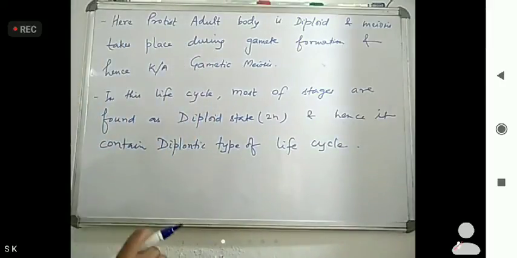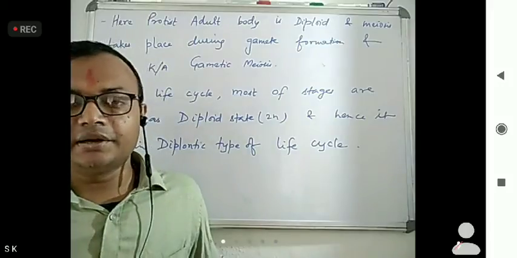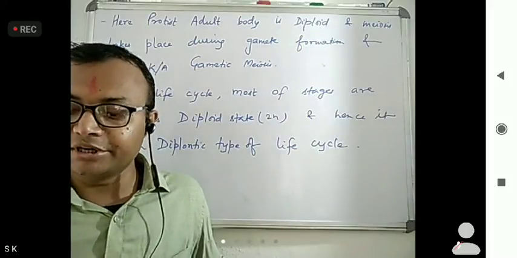Okay, so this is having what? Diplontic type of life cycle, and that is gametic meiosis.